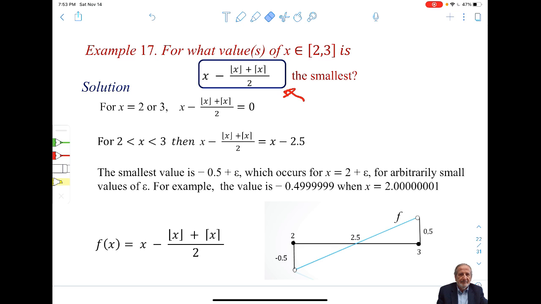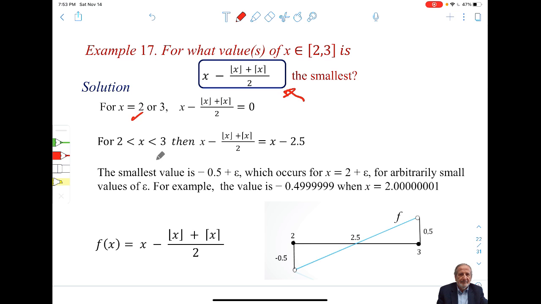Now, you notice that when x is 2, on top here you get 2 plus 2, 4, divided by 2, 2, and 2 minus 2 gives 0. When x is 3, 3 plus 3, 6, divided by 2 is 3, and 3 minus 3 is 0. So when x is 2, it's 0. When x is 3, it's 0.